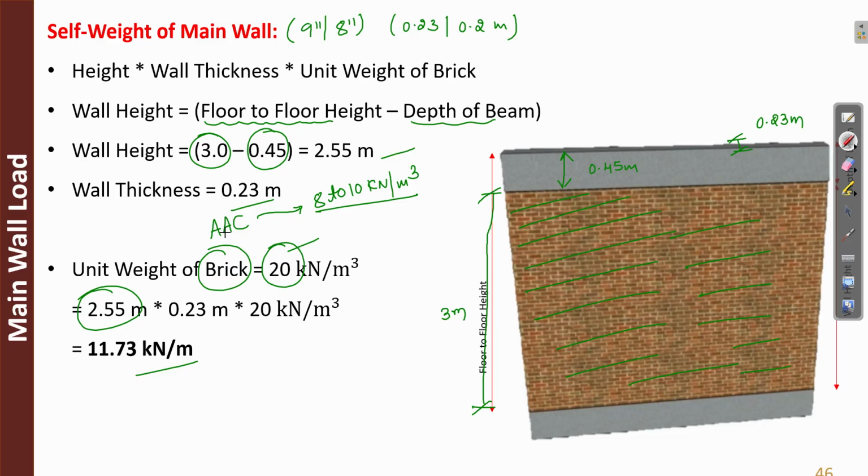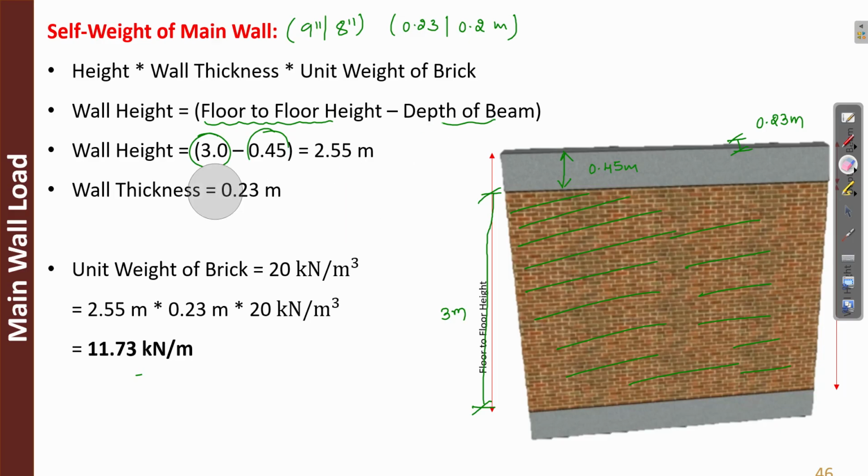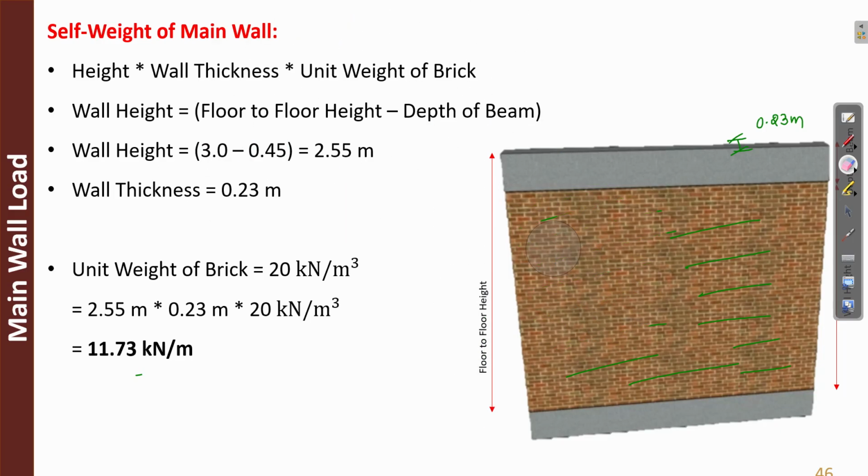So these AAC blocks are light in weight. If you don't deduct the beam depth here, you will be providing more weight.